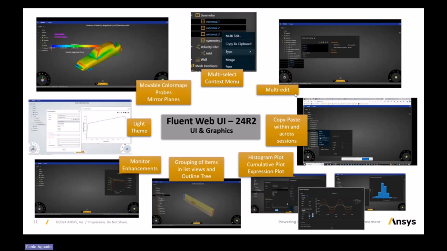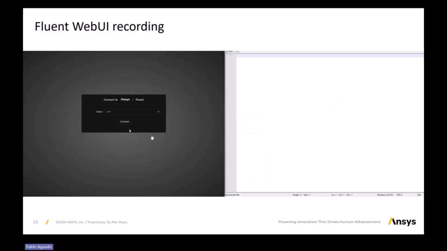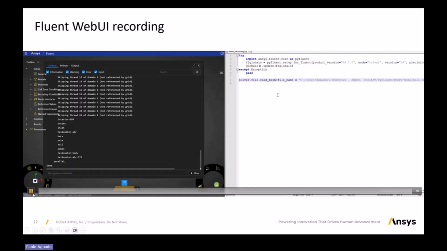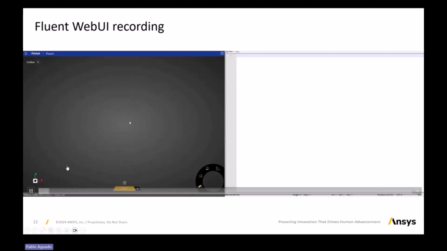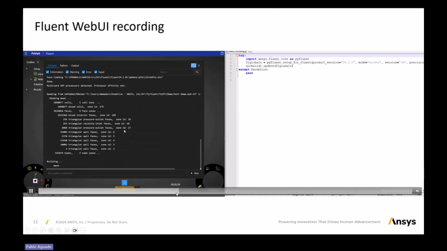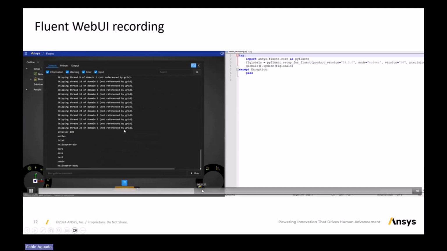Whatever activities you do, you have multiple options here to set up a simulation, post-processing, etc. It gets recorded in a Python script, and here you have an example of a user that is connecting to a Web UI, has a profile like that, and then enables the recording. When the recording is enabled, every action that the user makes here gets recorded into this script.